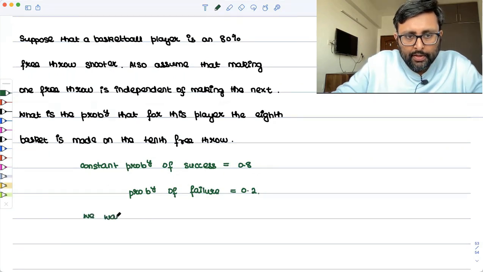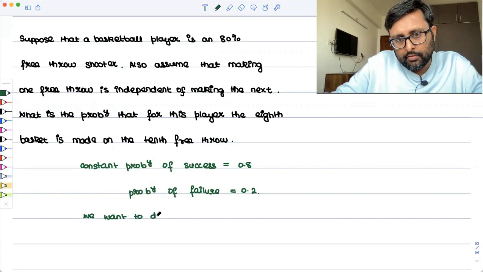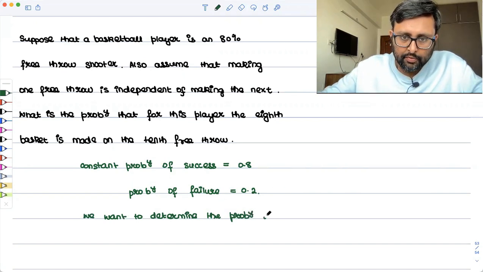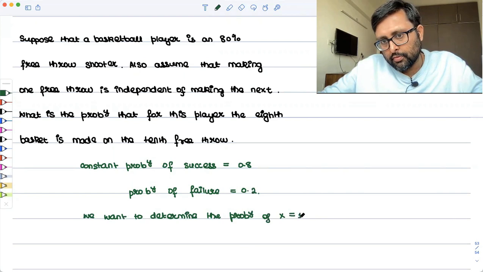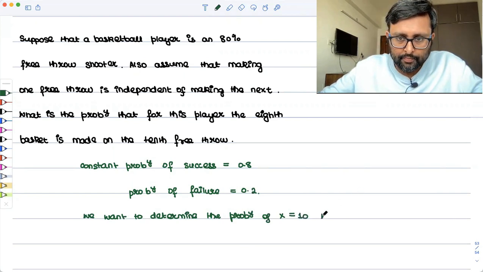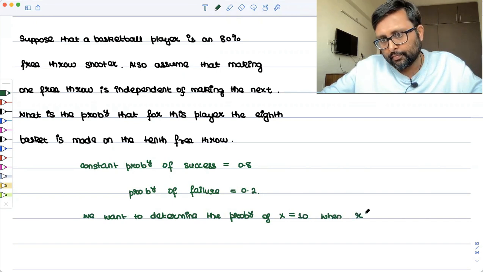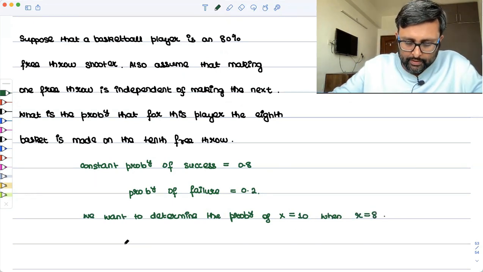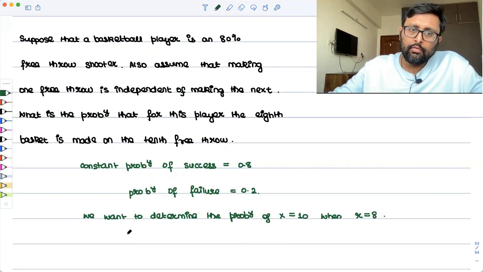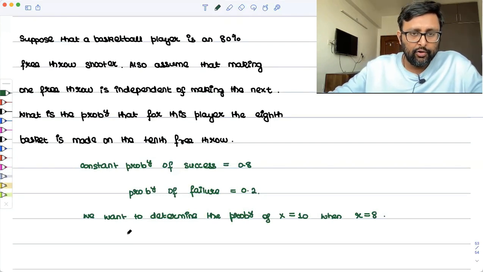So we want to determine the probability of x equals 10 when r equals 8, right? We want to determine the probability that he will be making his 8th basket on the 10th free throw.